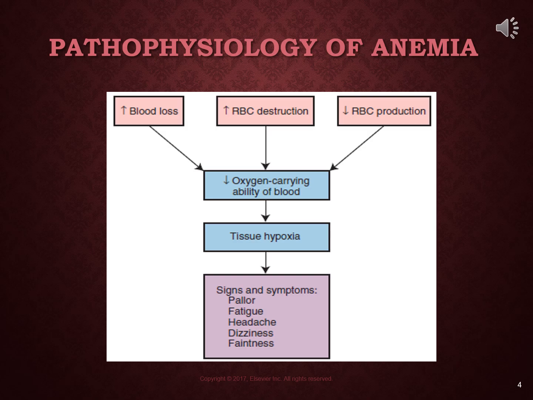And remember, the goal here is to deliver oxygen to the tissues. So anytime you have a decrease in your red cells or in the hemoglobin carrying capacity of those red cells, you decrease the oxygen carrying capacity of your blood. This can lead to tissue hypoxia, and then you get your signs and symptoms, which are pallor, fatigue, headache, dizziness, faintness, those sorts of things.